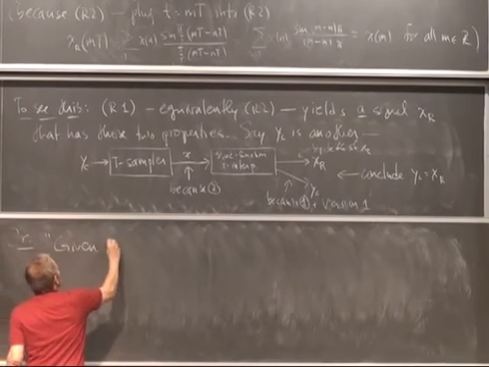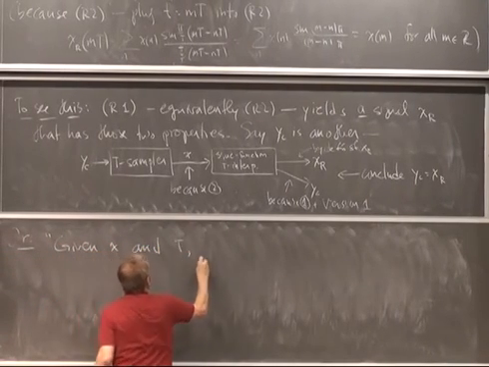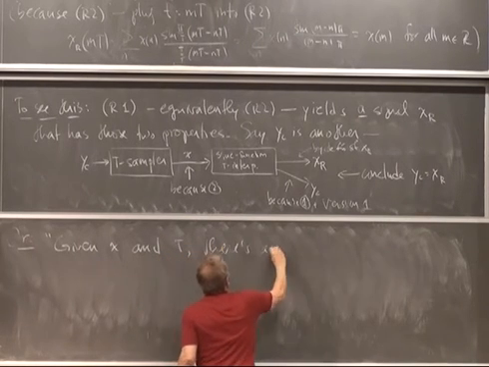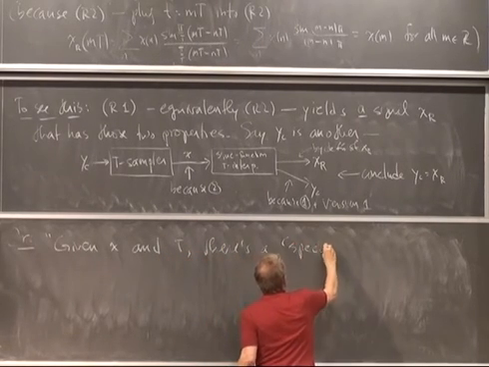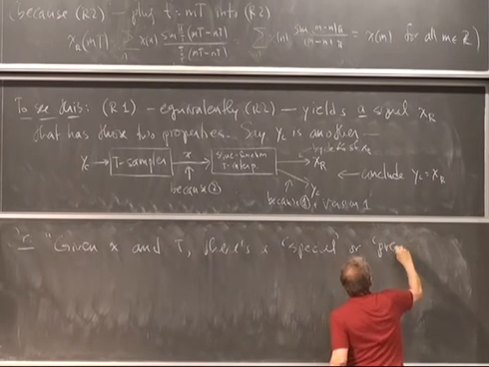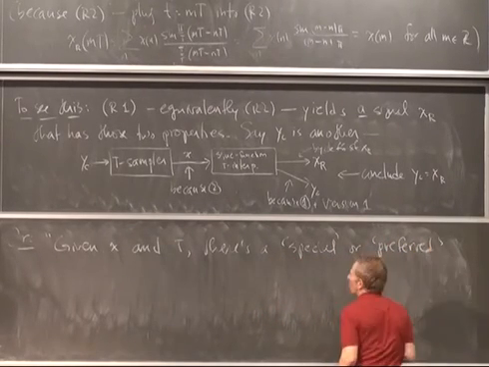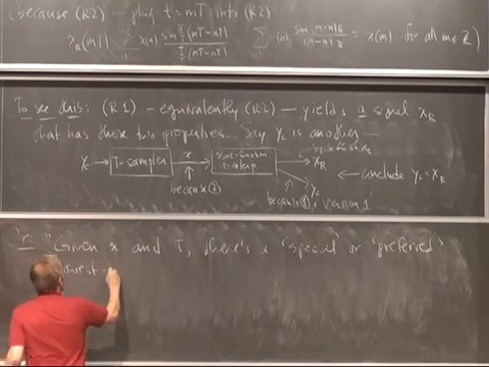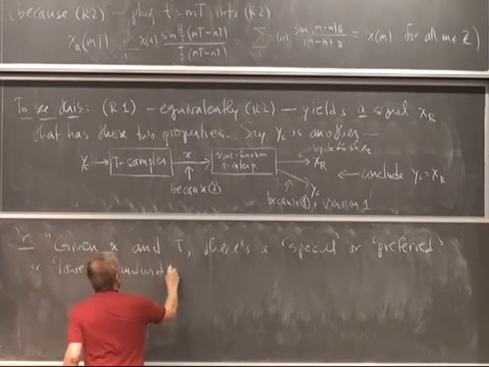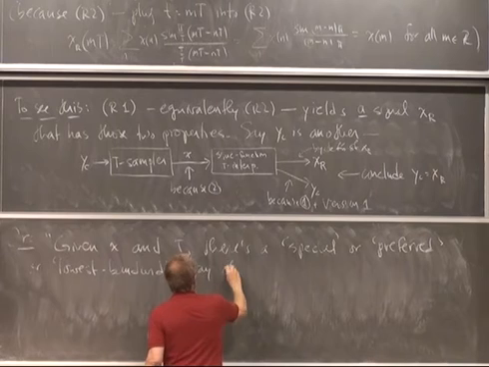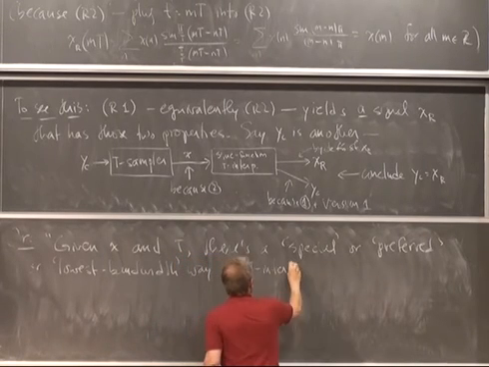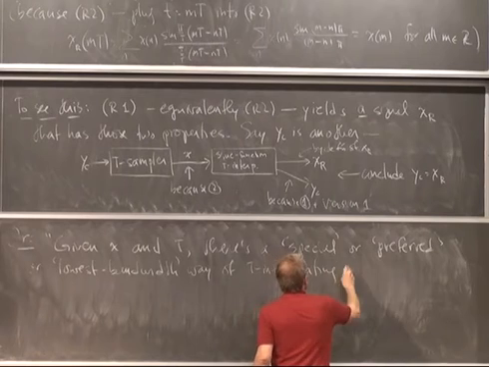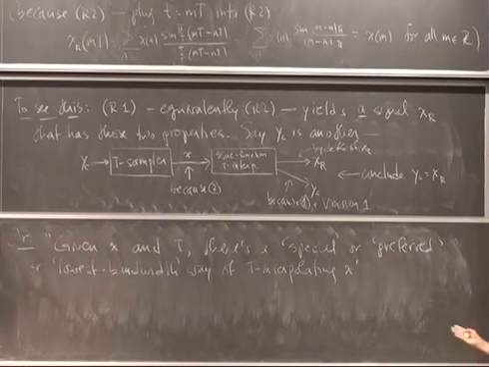Given x and T, there's a sort of preferred or special, or lowest bandwidth, way of T interpolating x. Okay, fair enough. And that's the one that comes out of the sinc function interpolator, x sub r.